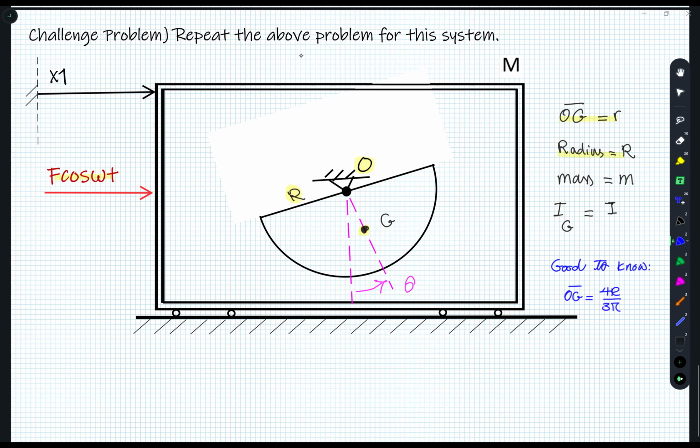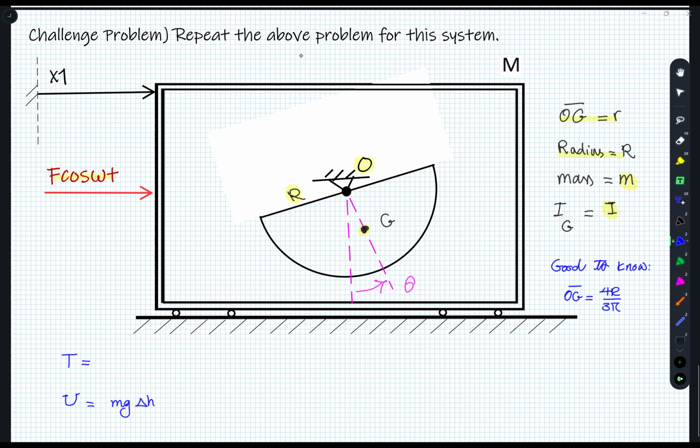There is a relation then between R and r. The mass of the half disk is M. And suppose our I_G is I, just use the letter I. So for this system, try to find the value of T and the value of U. Your U here is going to be mg delta h.